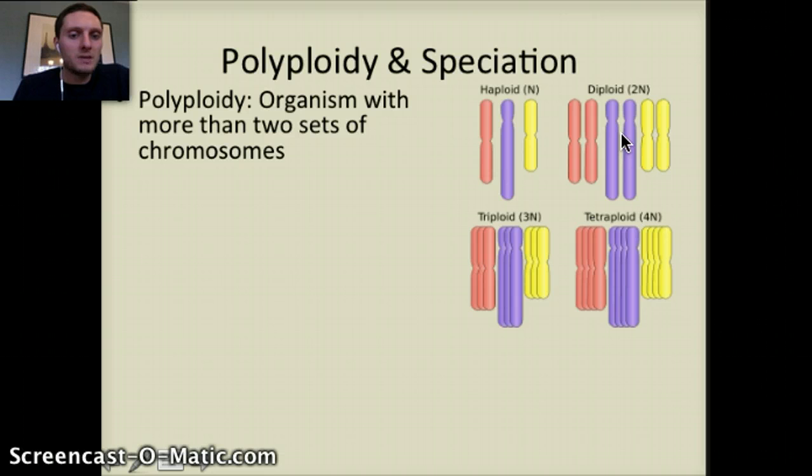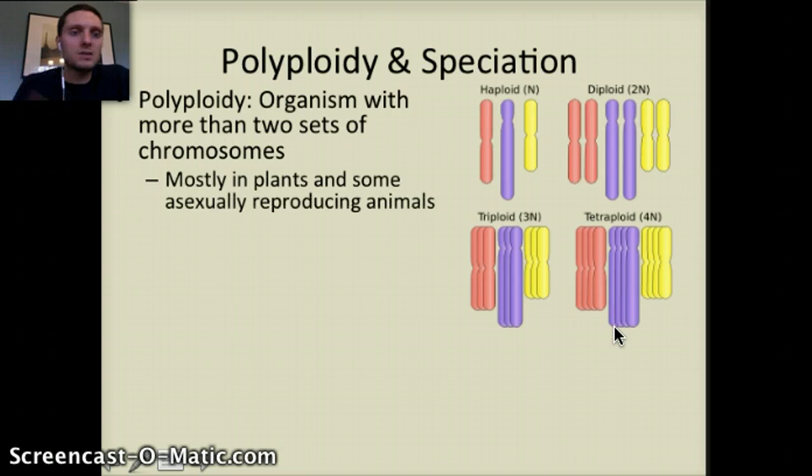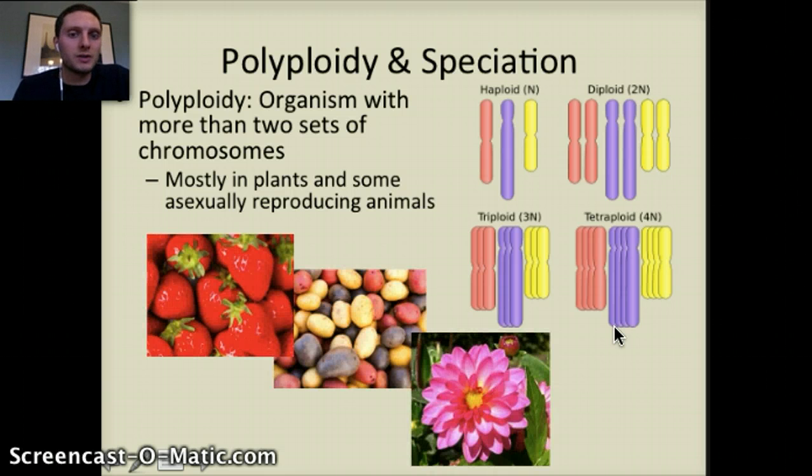Sometimes through mistakes in meiosis or in some other occurrences, we can see triploid or tetraploid, or sometimes even more. Strawberries, for example, are octoploid. They have 8 sets of chromosomes, and this usually occurs in plants, sometimes in some asexually reproducing animals, and sometimes in humans through asexual reproduction.